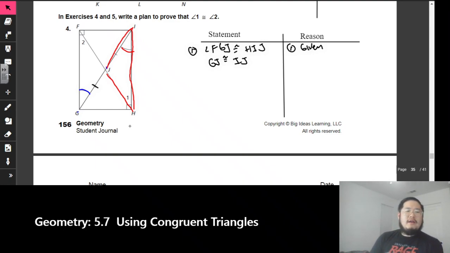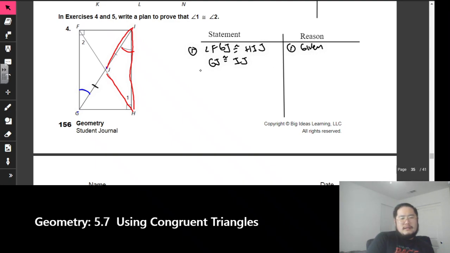Is there any other angle that I can prove or they show right here to be congruent? There is. Now, maybe I could use the 90-degree angles. Maybe. But I think there's going to be a lot more work for that. So how about this?